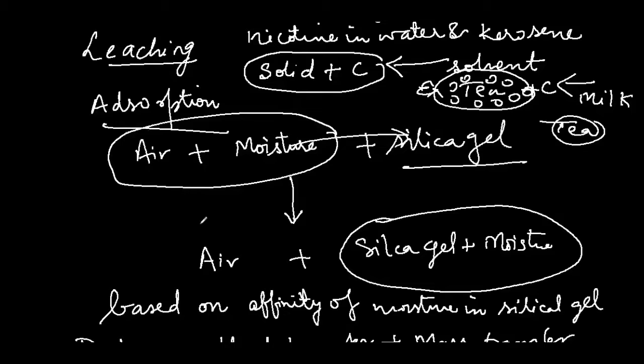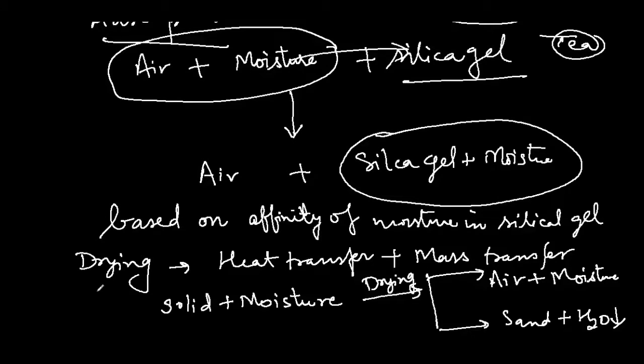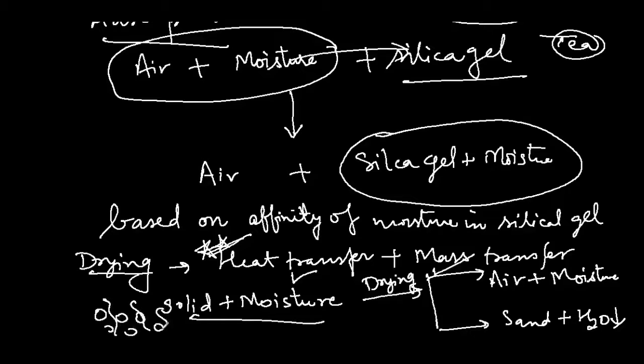Like that, we have one more unit operation, that is drying. This is very different from the other unit operations because it involves both heat transfer and mass transfer. Suppose you have some sand that contains a large amount of moisture and you want to remove it. We remove it with the help of drying.